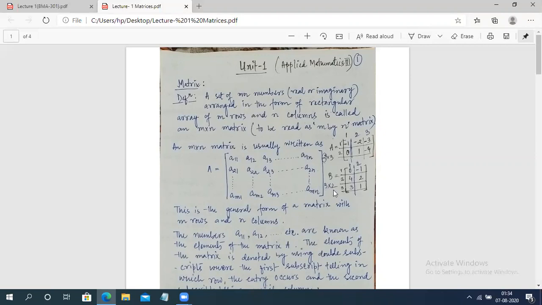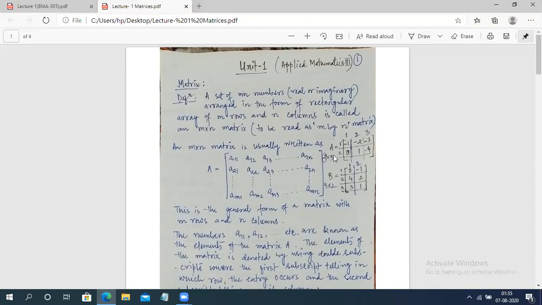What is the order of this matrix B? This is 3 by 2. What is the order of this matrix A? This is 2 by 3, where 2 denotes the number of rows. It has 2 rows, and 3 columns, so this is 3. Clear?